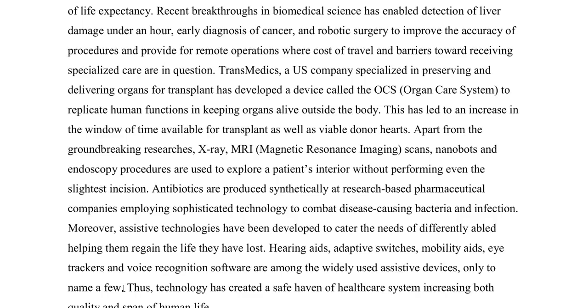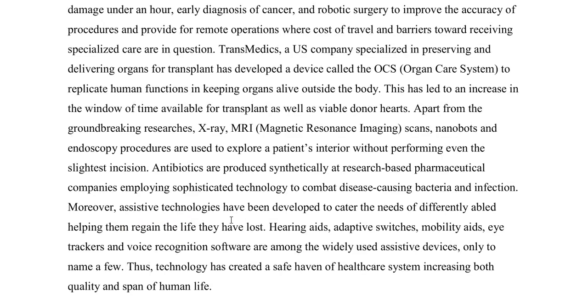So here in the supporting details, he has talked about the recent breakthroughs in biomedical science and how these tools like X-ray, MRI, scan, nanobots, endoscopy facilitate these medical procedures, and how these technologies, especially assistive technologies like hearing aids, help people who are differently able to regain control of life.